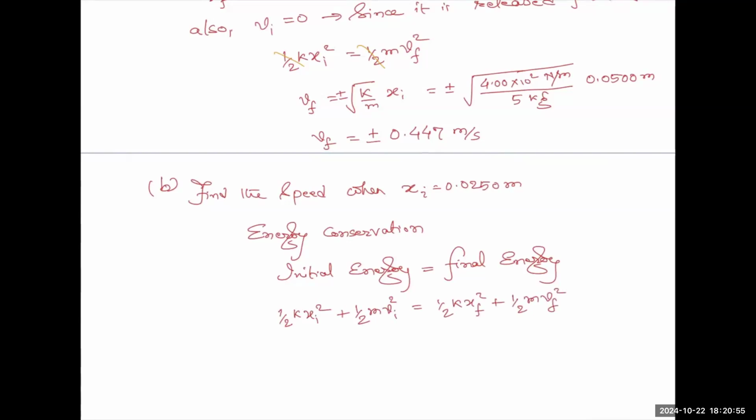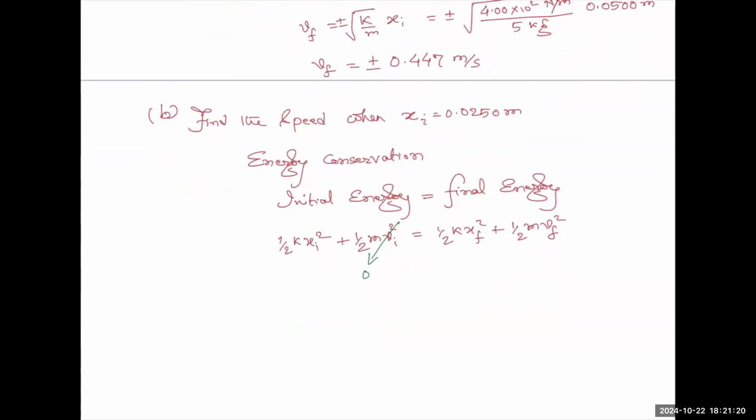So now in this equation, what can we eliminate? We can eliminate half m vi squared because the initial velocity is 0, right? We have xf because we still have some displacement, 0.0250 meter to the right of the equilibrium. Now we need to find vf. In this expression it is much easier: half, half, half cancels out.